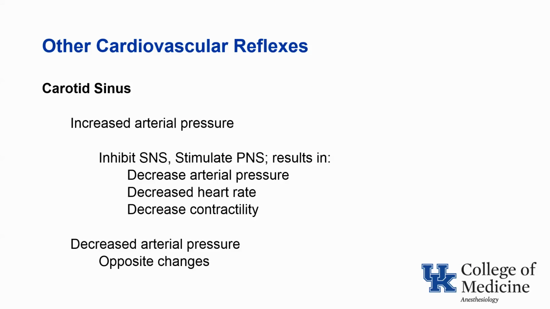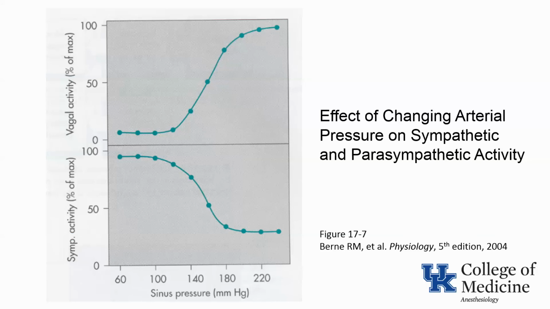The carotid sinus reflex we've already talked about. Increased arterial pressure inhibits the sympathetic nervous system and stimulates the parasympathetic, resulting in decrease in arterial pressure, decrease in heart rate, and decrease in contractility. Decreasing arterial pressure results in the opposite effect.